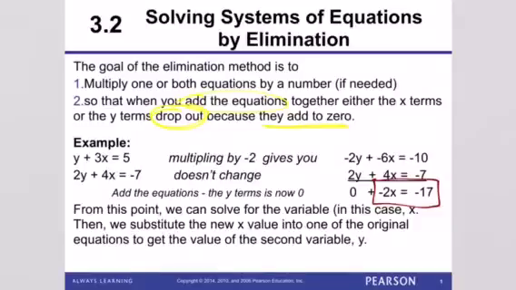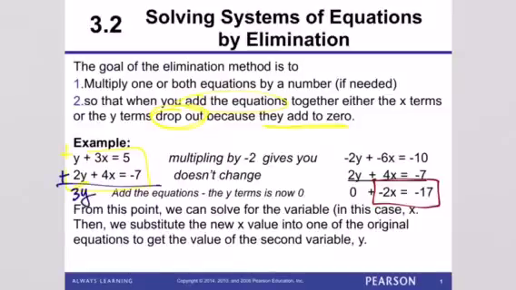Okay, so this is an example of what I mean by multiplying by a number. So look at these two equations right here. You'll notice that we have y and 2y. And if we were to add these two together, we'll get 3y. Let's just say we're going to add these two equations together.